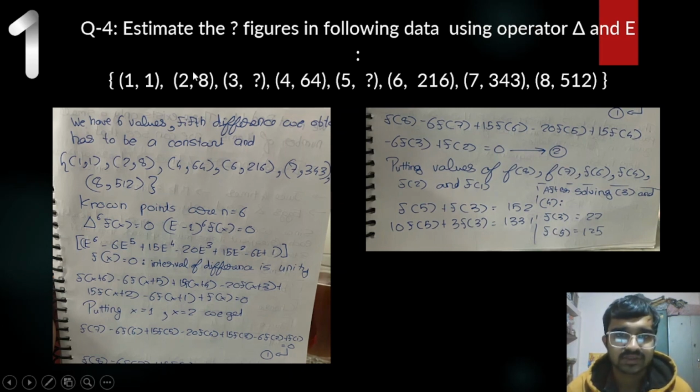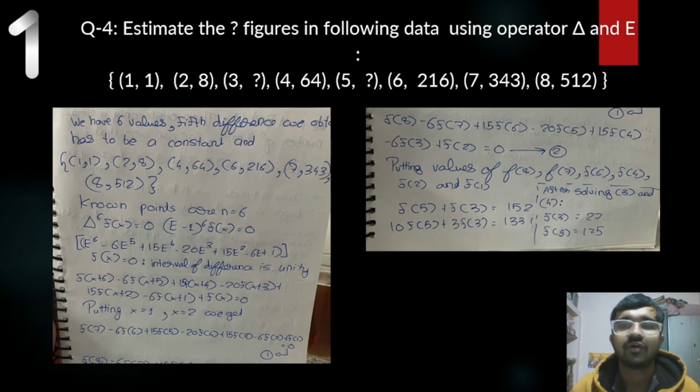Here will be our 27 and here will be our 125. First we formed a function through which we can find our answer, and then we simply put the values in that function easily. So in this way we can solve this question.